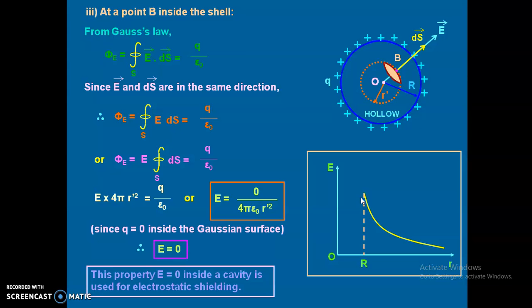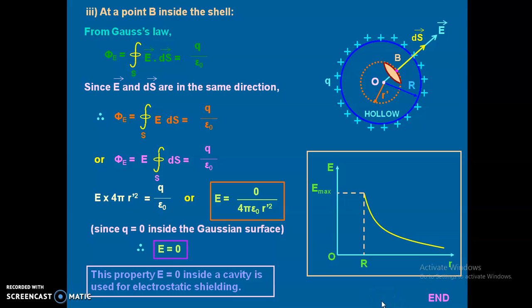This statement is shown through this region of the graph, and from the surface to any point outside, this region is there, right? And maximum electric field intensity is at the surface. So this particular point of the graph shows the electric field intensity on the surface of a spherical shell that we have shown in the last slide, right?